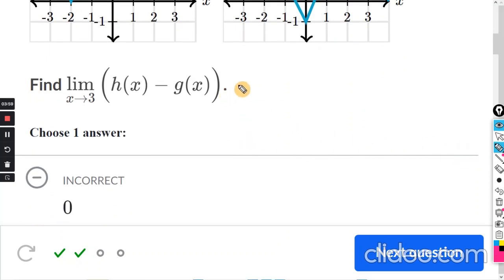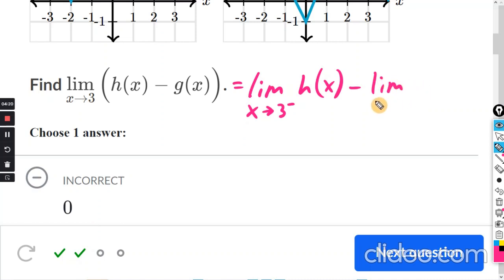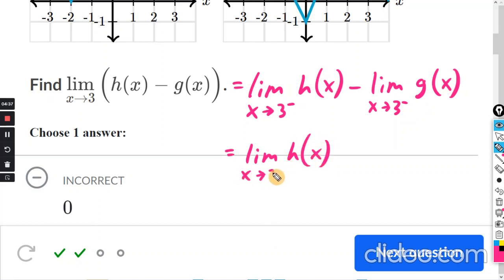What you can do here is say the limit as x approaches 3 from the negative side of h of x minus the limit as x approaches 3 from the negative side of g of x must equal the limit as x approaches 3 from the positive side of h of x minus the limit as x approaches 3 from the positive side of g of x.